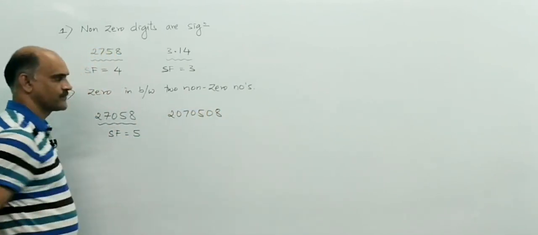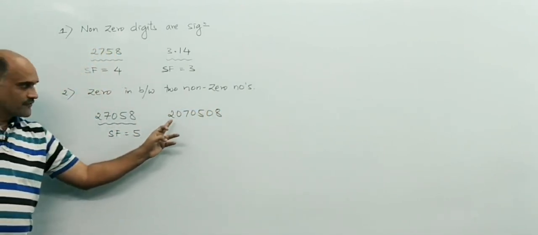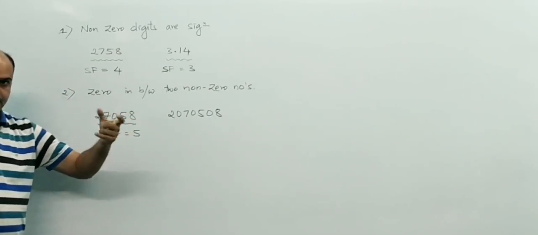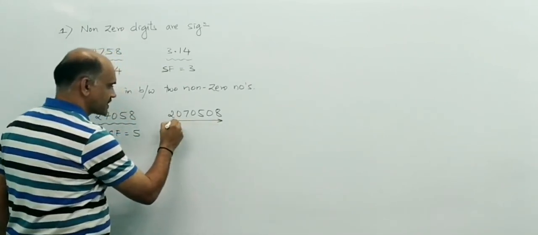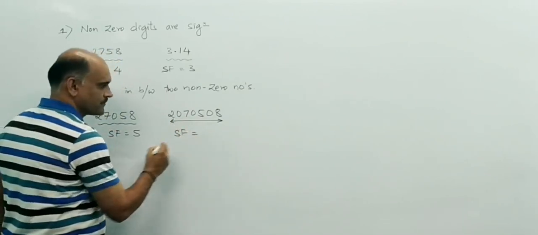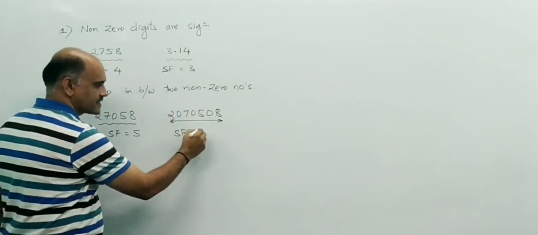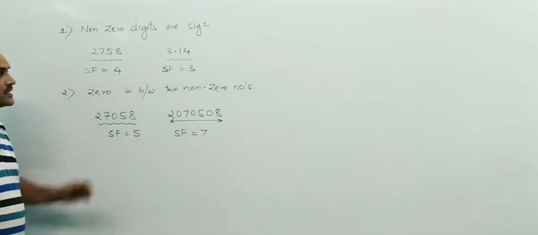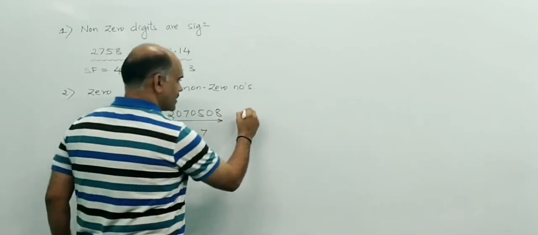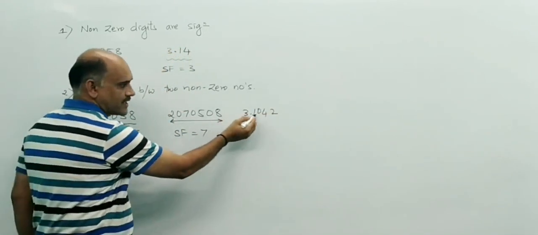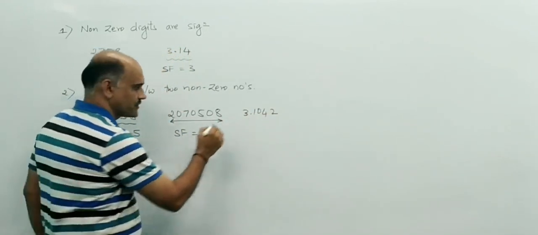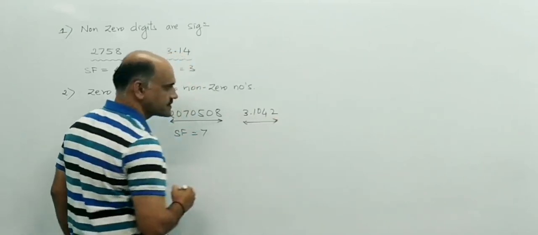Now suppose it is in this form: 2070508. Even here, 0 is in between non-zeros, so you are required to count all the digits. So significant figures will be 1, 2, 3, 4, 5, 6, 7. Similarly, if I take 3.1042, again 0 is in between, so you are required to count it.